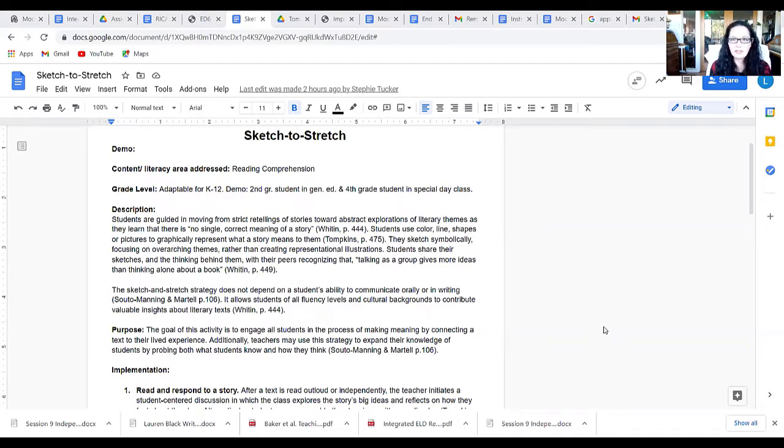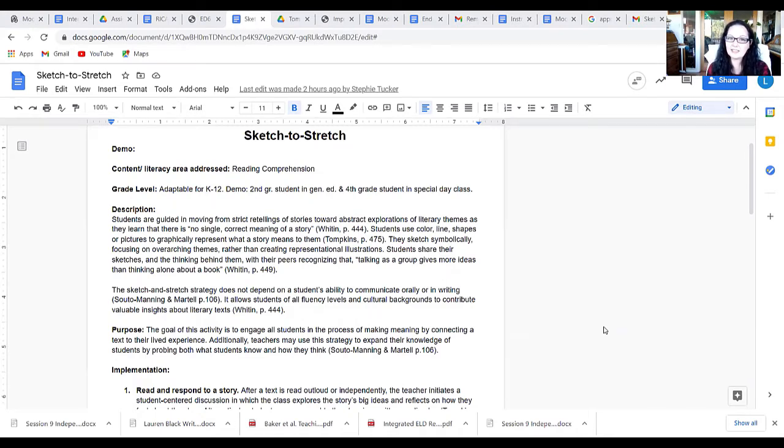As they learn, there is no single correct meaning of a story. Students use color, line, shapes, or pictures to graphically represent what the story means to them. They sketch symbolically, focusing on overarching themes rather than creating representational illustrations.